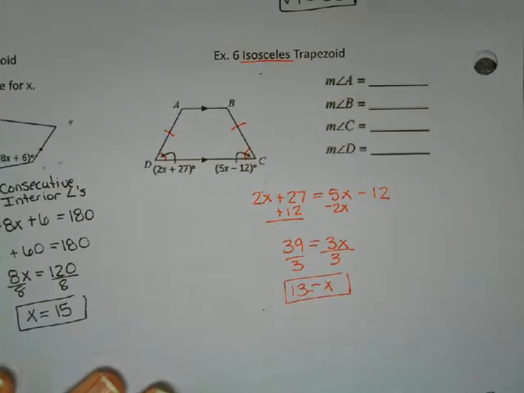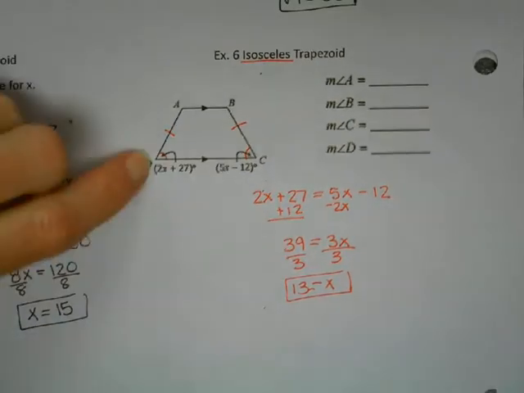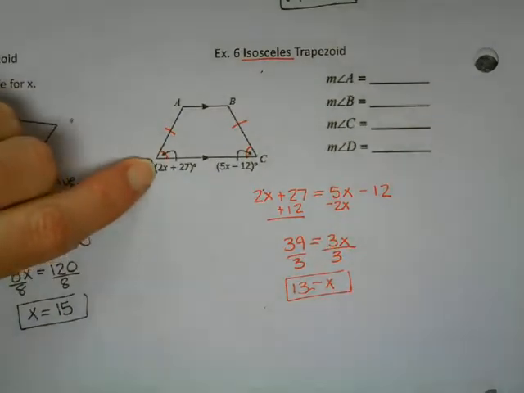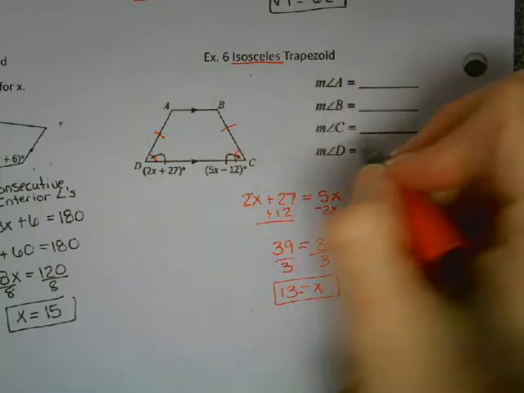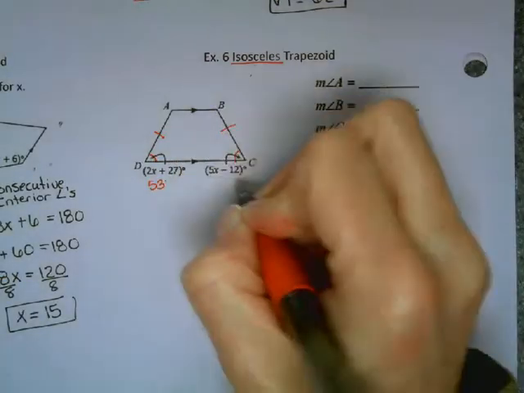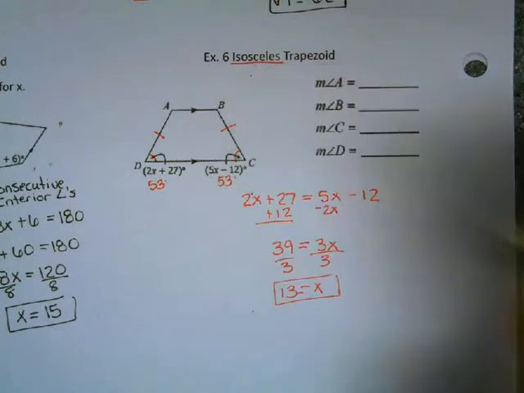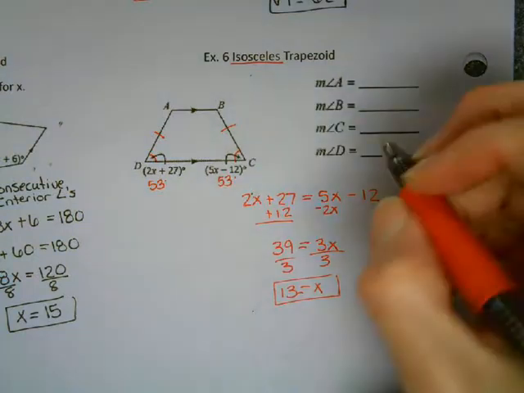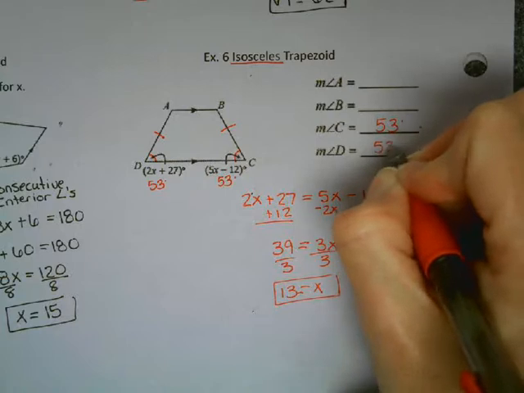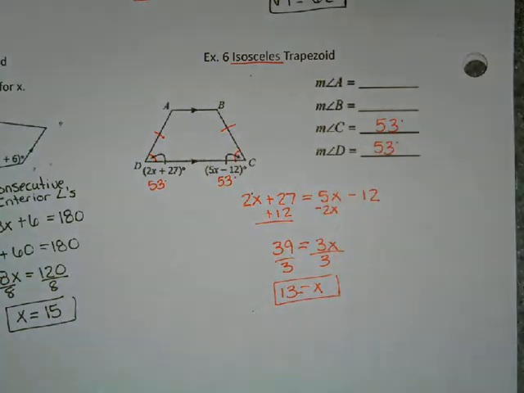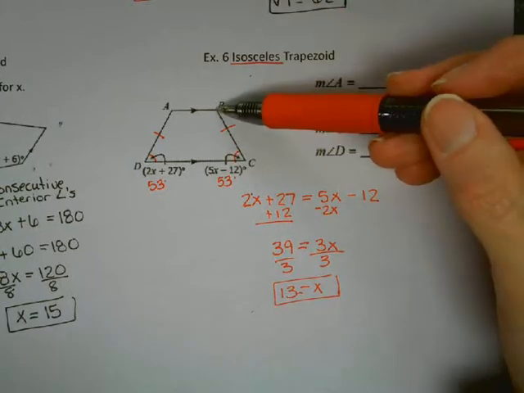Now I need to plug it in to find all these angles. So 2 times 13 is 26. 26 plus 27, 26 and 27 is 53. So that means this is also 53. So the other ones are called consecutive interior angles.